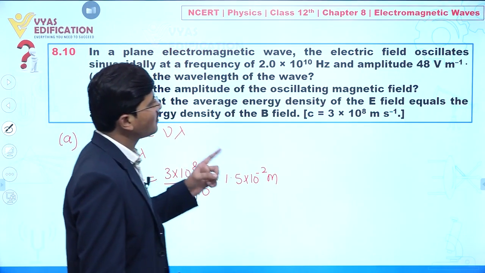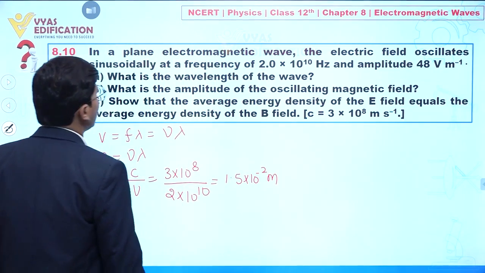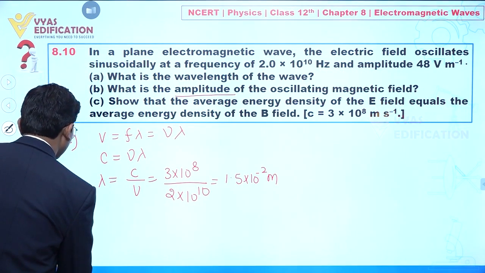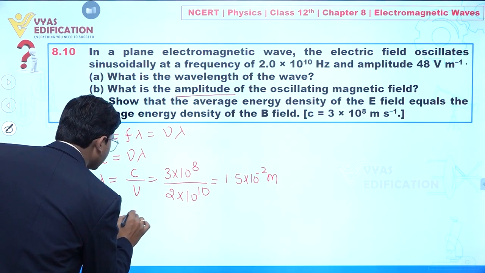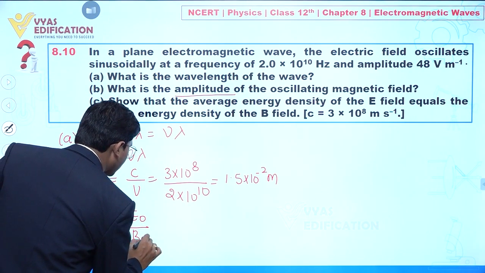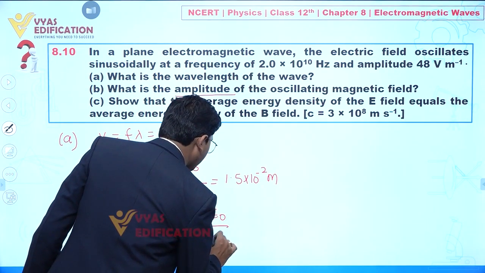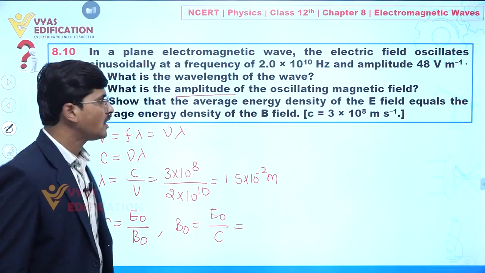What is the amplitude of the oscillating magnetic field? Amplitude means the maximum value of the oscillating magnetic field. Now we know one relation: c is given by E naught divided by B naught. So, from here B naught is E naught divided by c. What is the value of E naught?